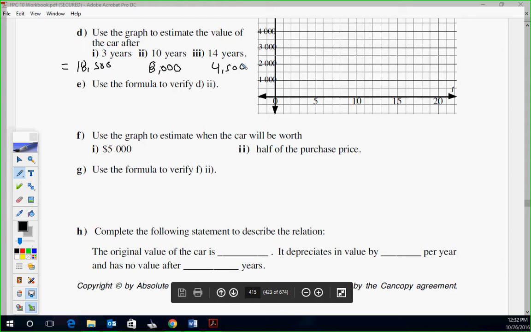If you use the formula to verify, remember, the formula is 20,000 minus 1250t. So we would just insert the years for t and calculate that. Let's see how close we were.